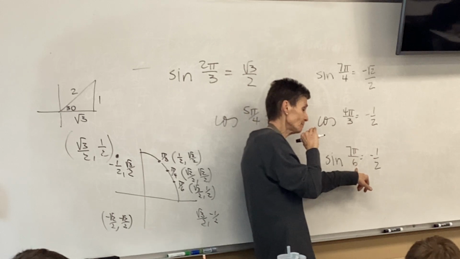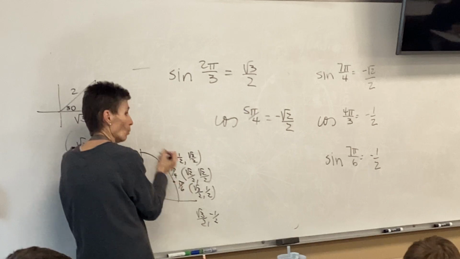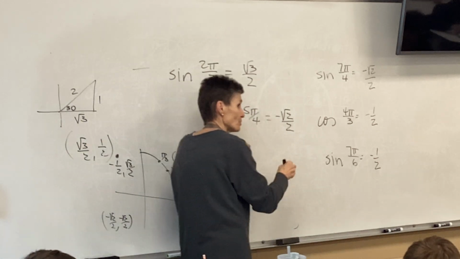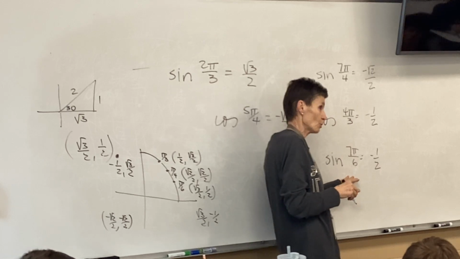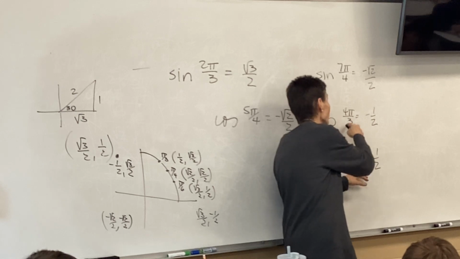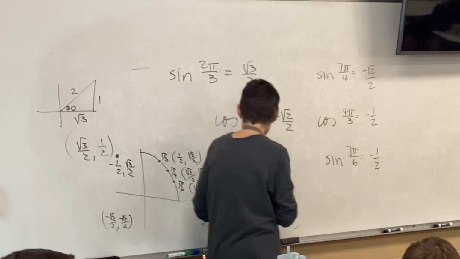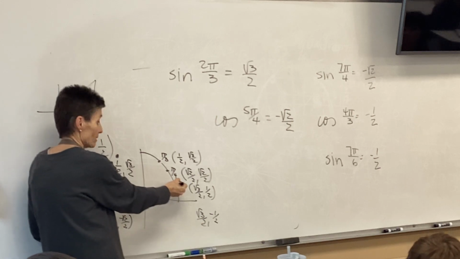Which angle, Xander, in quadrant 1, which angle am I going to use? What's my reference angle, in other words? Pi over 6? Yeah, good. So where's 7 pi over 6?